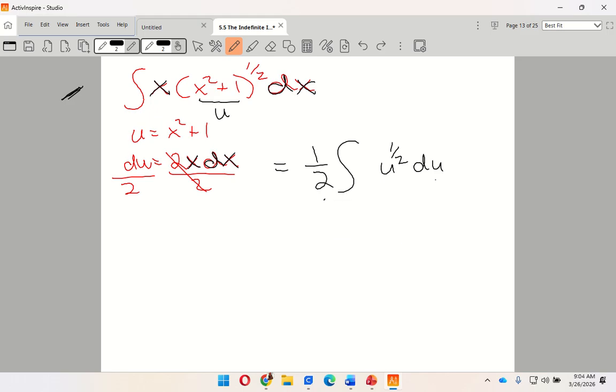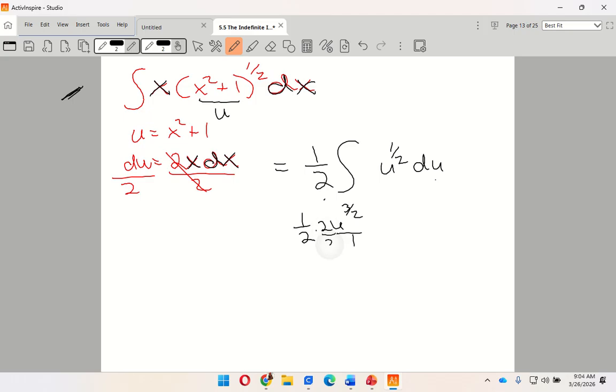Yeah? Okay. So that's going to give me 1/2 u to the 3/2 times... remember, we normally divide by that new number, right? We would divide by 3/2, but we're not dividing by 3/2. Let's multiply by the reciprocal.